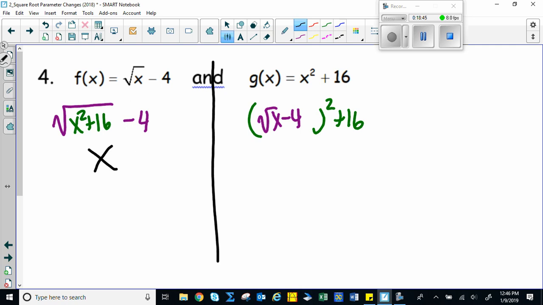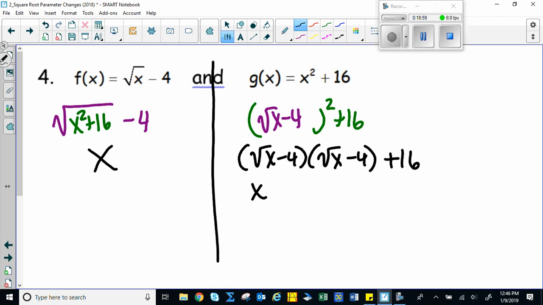On the right-hand side, if I were going to simplify it further, I would have to expand the binomial. I would have to FOIL these two terms together. So square root of x times square root of x is x. Square root of x times -4 is -4 radical x, minus 4 radical x, plus 16.